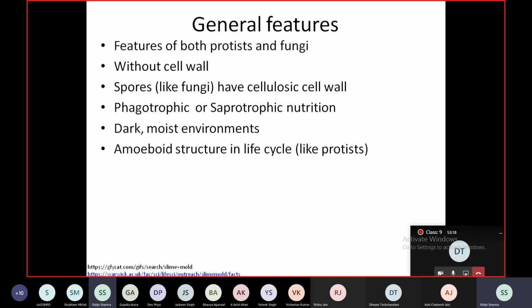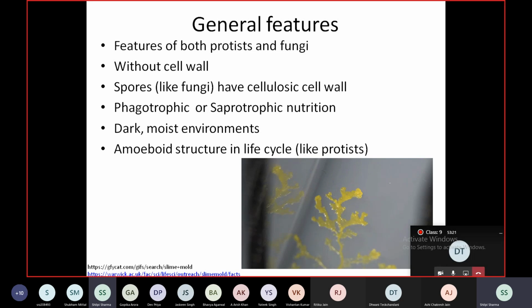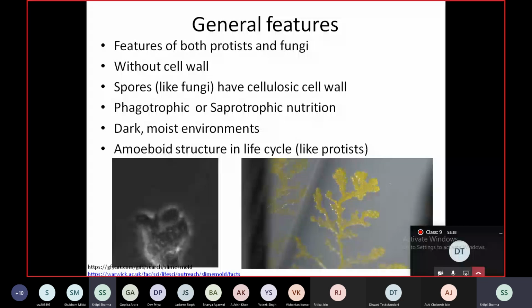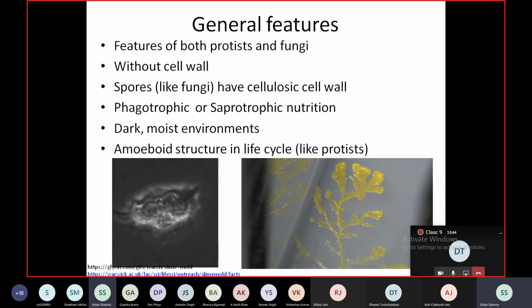And when I say plasmodial, they are composed of large multinucleate cells and they move along the surfaces like an amorphous blob of slime during their feeding stage. This is one mechanism of their movement and reaching out to the food. जबकि when they are in the cellular phase, they are like the independent amoeboid cells, such irregular bodies moving in the form of amoeboid, the way amoeba moves.